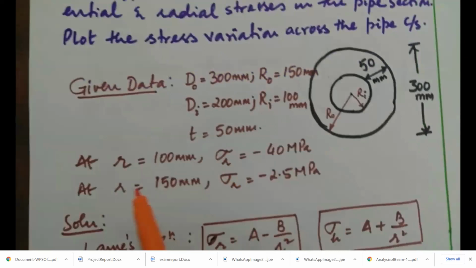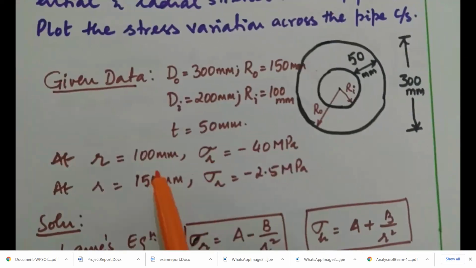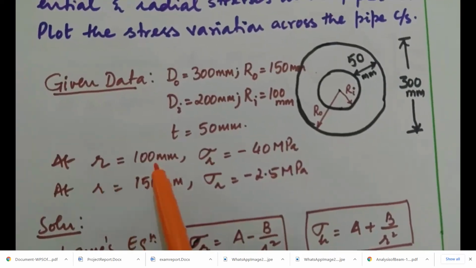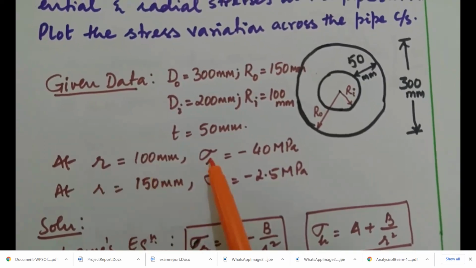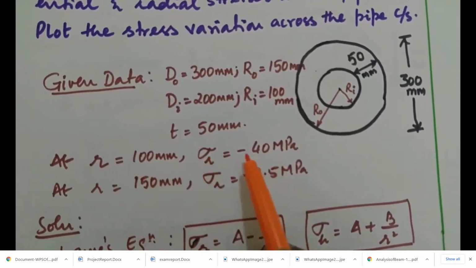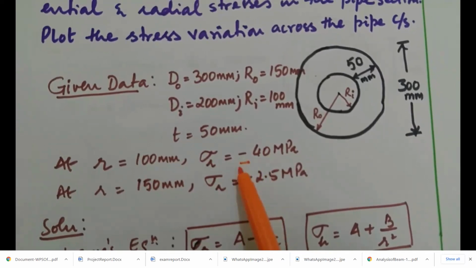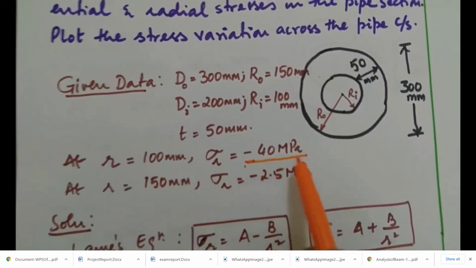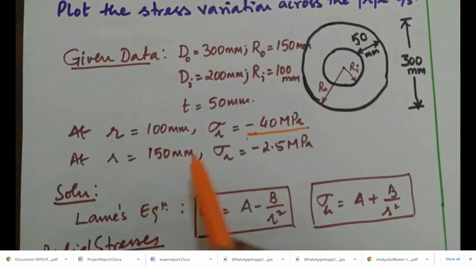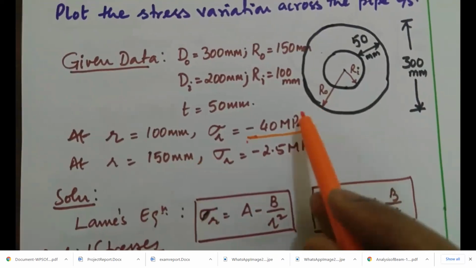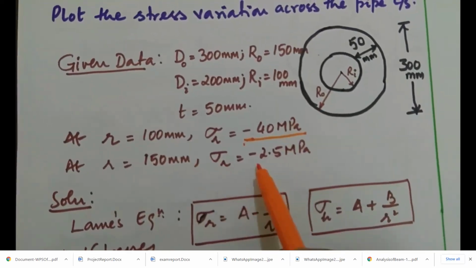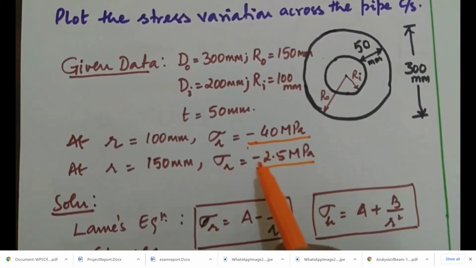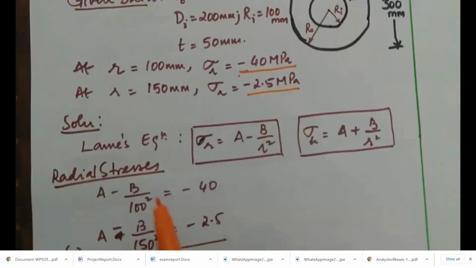Now this is the information regarding the pressure. At inner radius, that is at 100 millimeters, the radial pressure is 40 megapascal and we have to consider it as negative. At radius of 150 mm, that is reaching the outer part, the external pressure is given as 2.5 megapascal, which we will also take as negative.